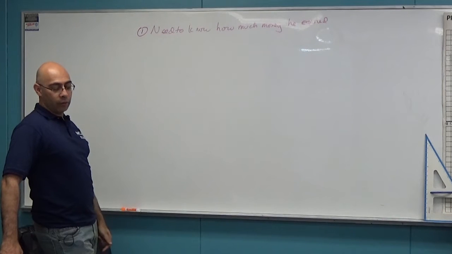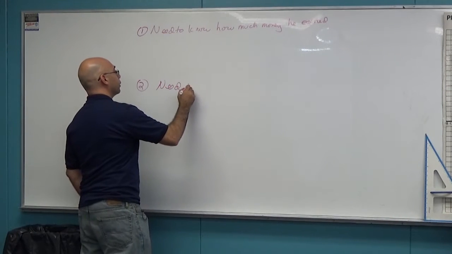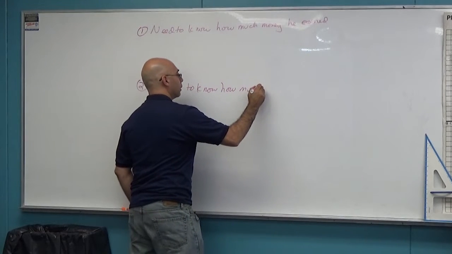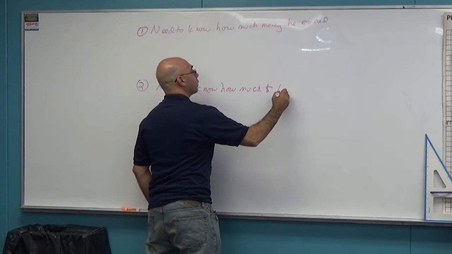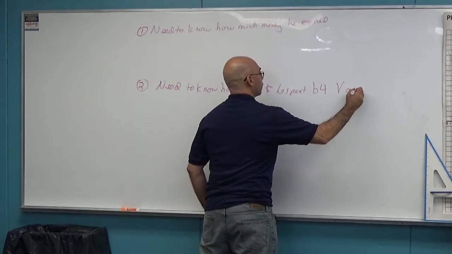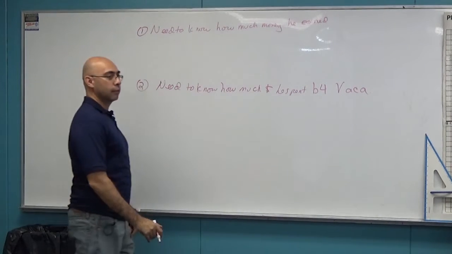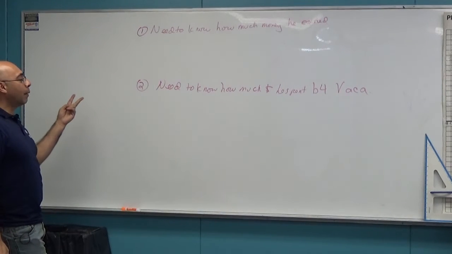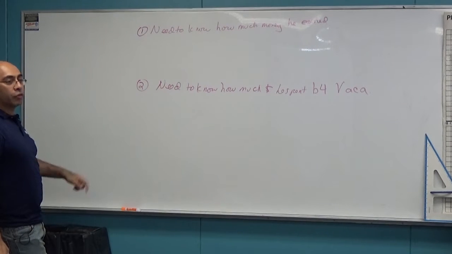What else do I need to know? We'll need to know how much money he spent before vacation. So I need to know how much money he earned, and I need to know how much money he spent before vacation.